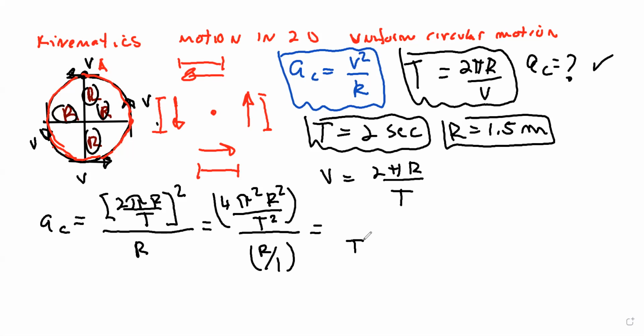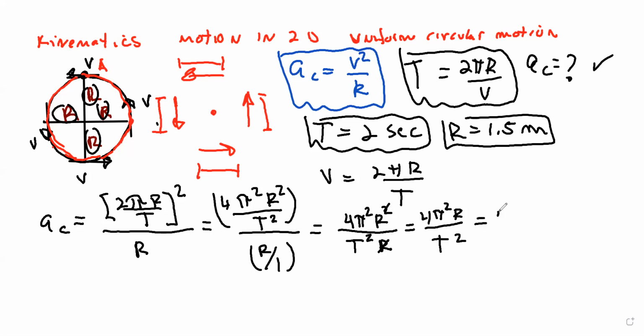You got period squared times r at the bottom, and upstairs 4 pi squared r squared. And that's good news because the r squared cancels out with the other r, and you end up with 4 pi squared r divided by the period squared.